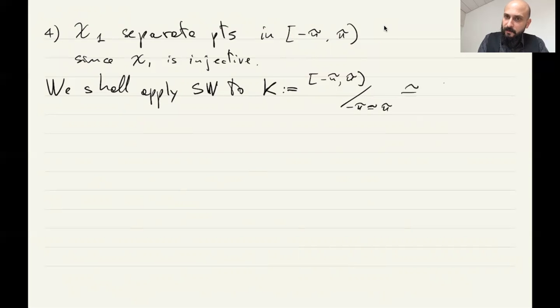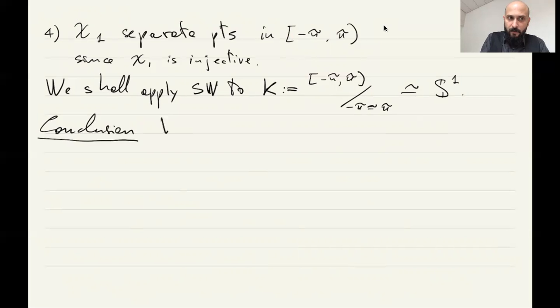And this is just a circle, identifying the extremes of an interval.